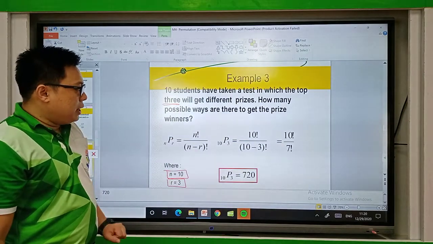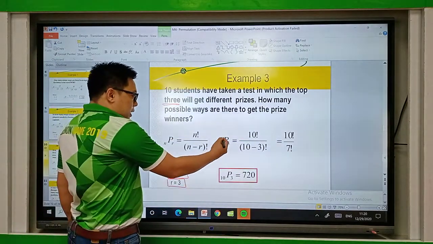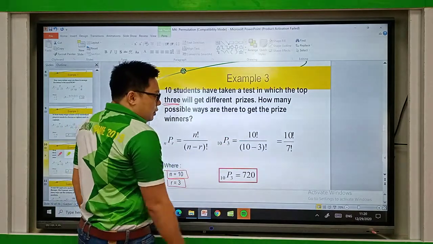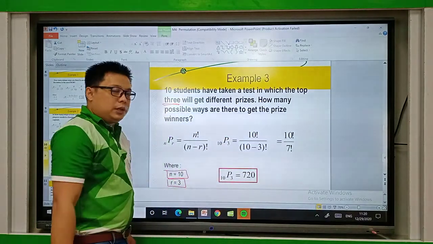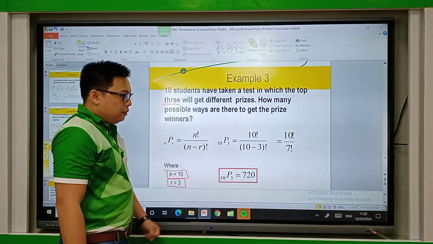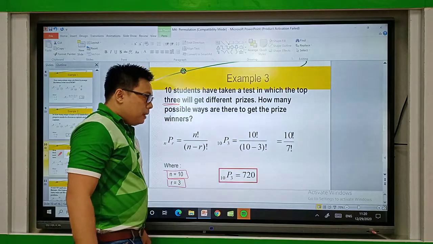So we have the permutation formula. We have 10P3 equals 10 factorial over 10 minus 3 factorial, which gives us 7 factorial here.